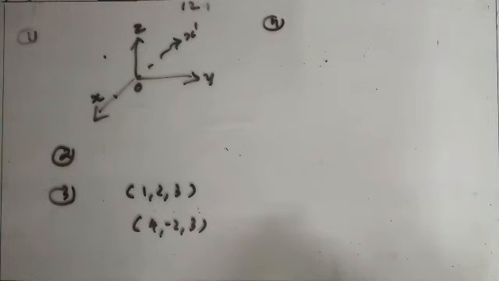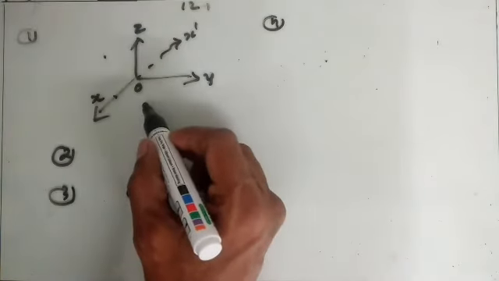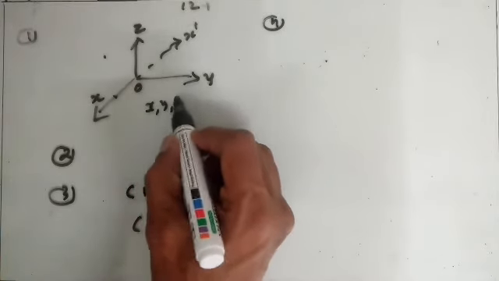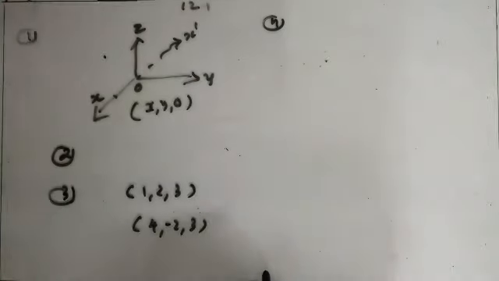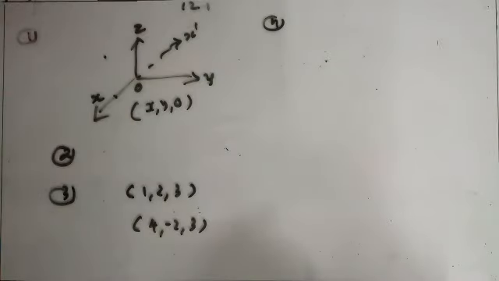Number 2, the coordinate of a point in xy plane are of the form, here point lies in xy plane, so coordinate of this point x, y, z coordinate 0. So this type of form we get for given points of an xy plane. Number 3, coordinate planes divide the space into 8 parts.